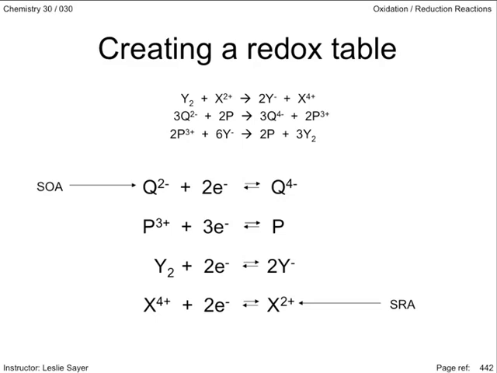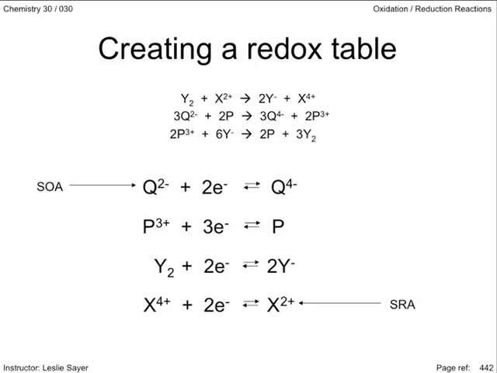So the Q2 negative ion is the strongest oxidizing agent and is most readily reduced. And the X2 positive ion is the strongest reducing agent and is the most readily oxidized. Notice that the only coefficient I kept from the equations was the one for the Y ion, because it's clear from the equation that Y2 is a diatomic element.